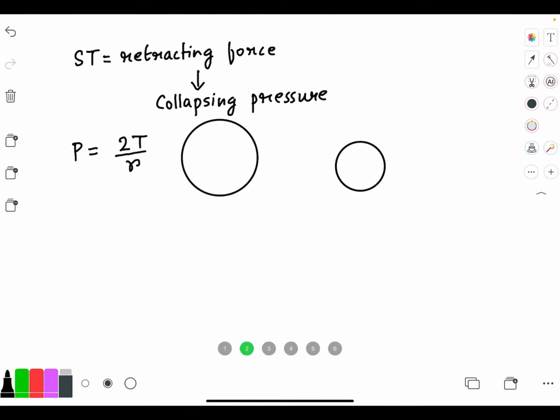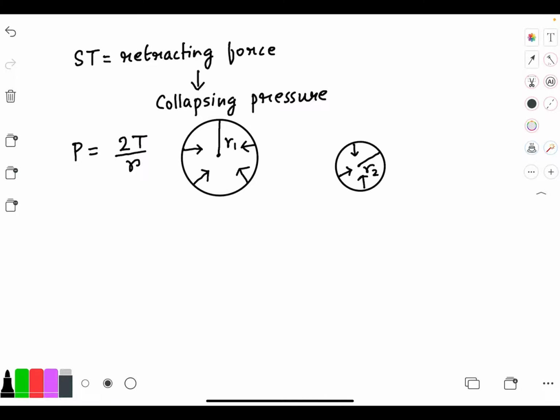Here the radius is r1 and the radius is r2, and the surface tension actually works in this direction. The surface tension will try to collapse these alveoli, right? The force will be inward. Here also the same thing will happen, and this is a collapsing pressure.